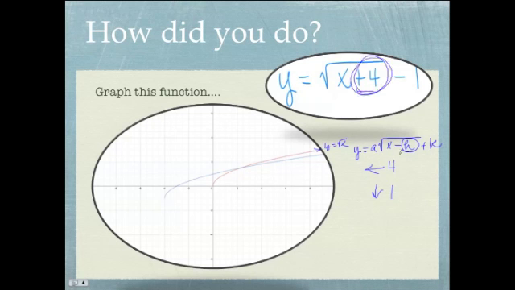It would have to be a -4 because if I had x minus a -4, that would give me that plus 4 inside. So notice here was my original points, and it is shifted to the left 4, 1, 2, 3, 4, and down 1 to get to that point.